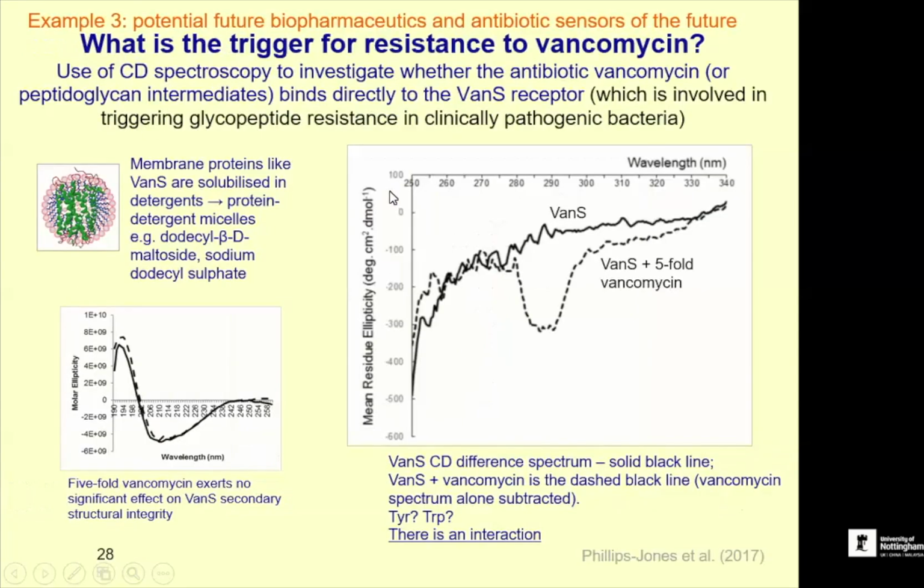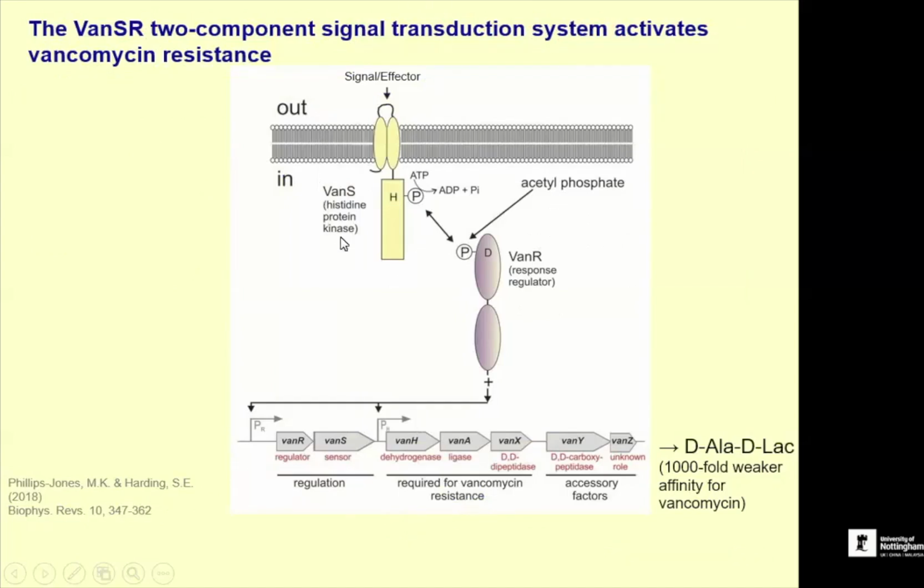And the question in this field is, can we be sure what the activating signal for vancomycin resistance is? Is it the antibiotic itself which activates this cascade for production of diala-D-lactate, or is it the peptidoglycan precursors that I mentioned earlier? So, controversy in the field, and there's evidence for both.